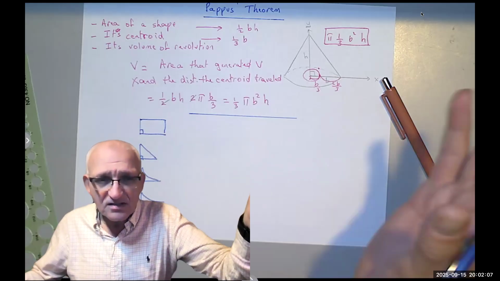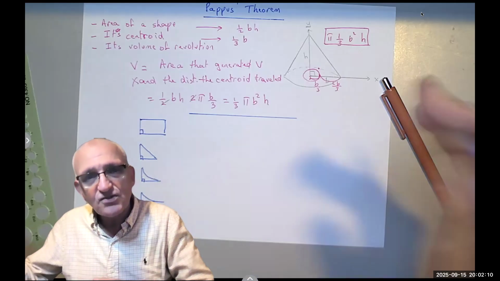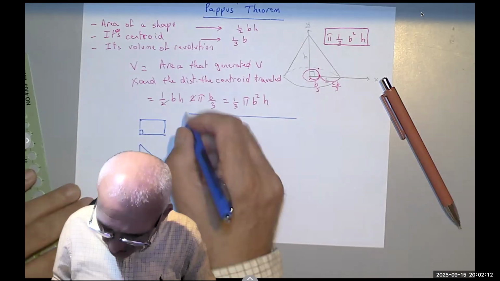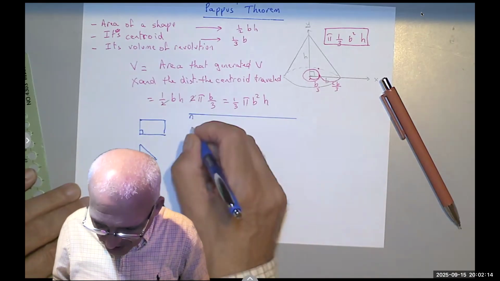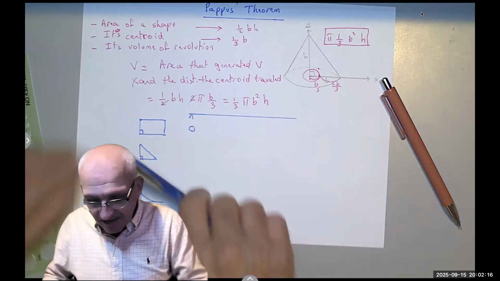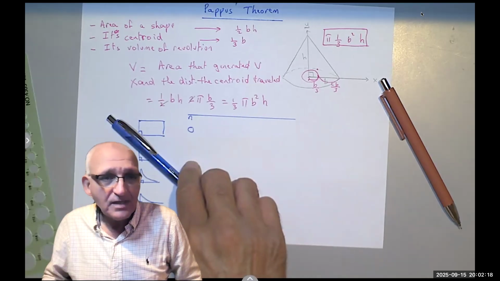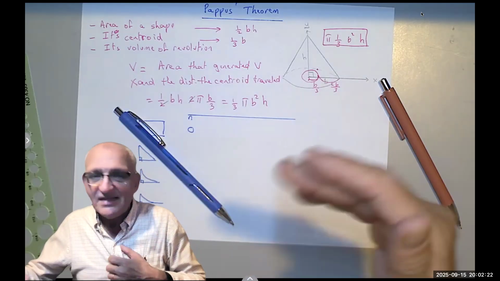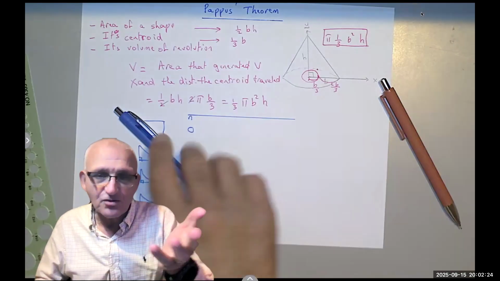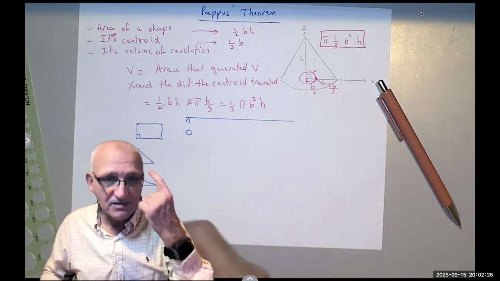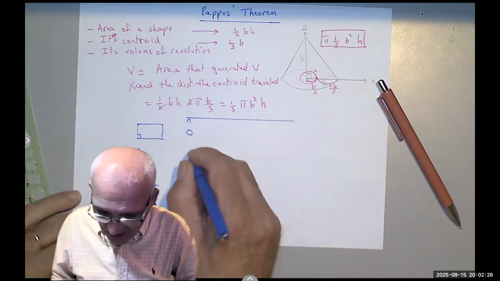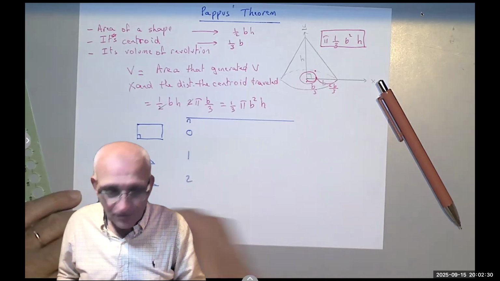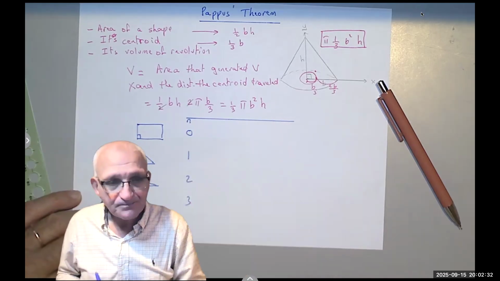It's just constant, b. So b times x to the 0 is b. So here I'm going to say n, which is the power, is 0. For a triangle, this is a straight line, right? So you say y equals mx plus c. So x is to the first power. Second degree parabola means 2. Third degree parabola means 3.